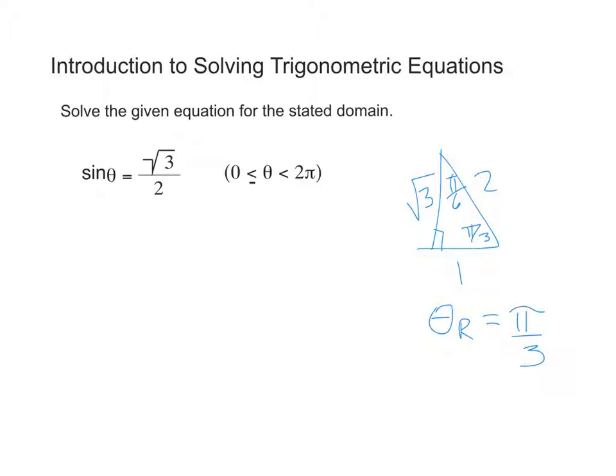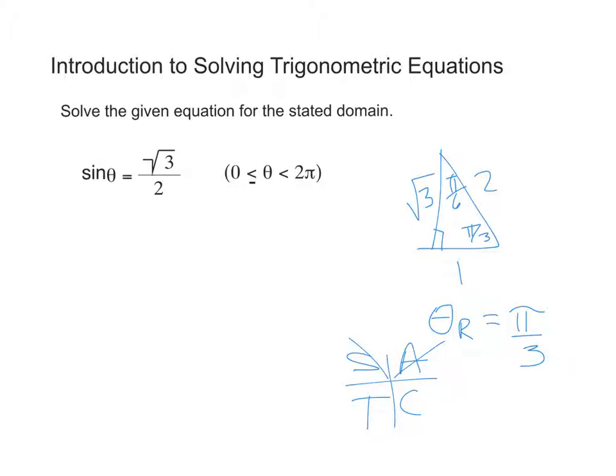So now if we want to figure out what the actual angle is, we consider the CAST rule. And what we were given was sine theta equals root 3 over 2, which is positive. So we need to look at where sine is positive. Quadrant 1 and 2.